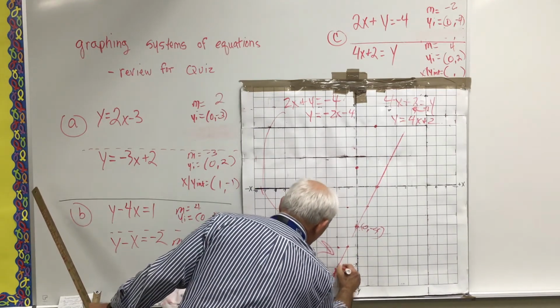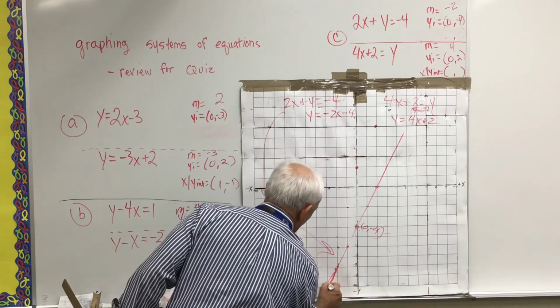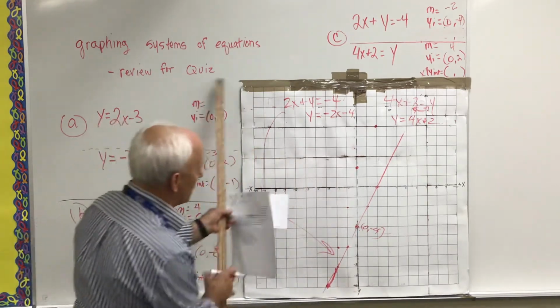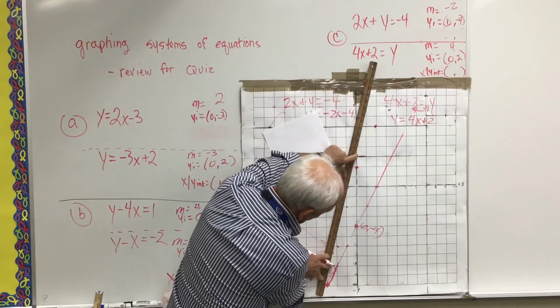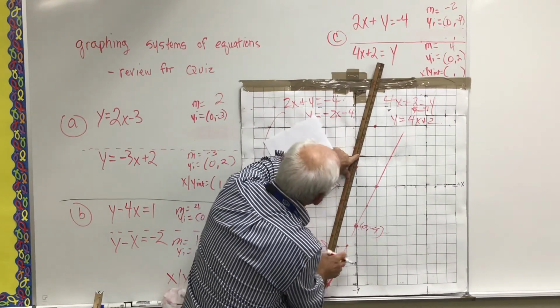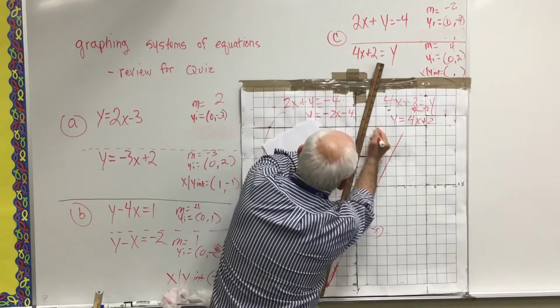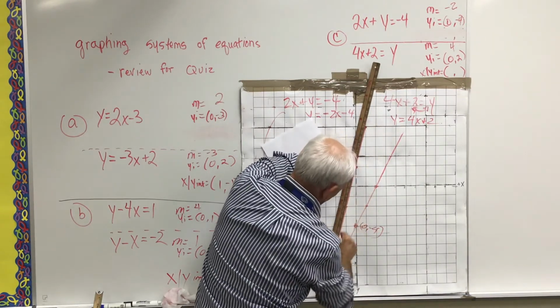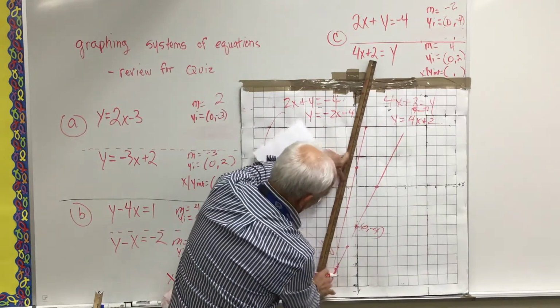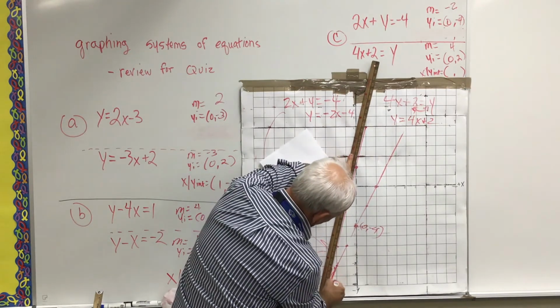It's going to be intersecting at the very bottom there, isn't it? So I just needed to keep drawing my slope correctly for the second one. And there's where we intersect right down there.